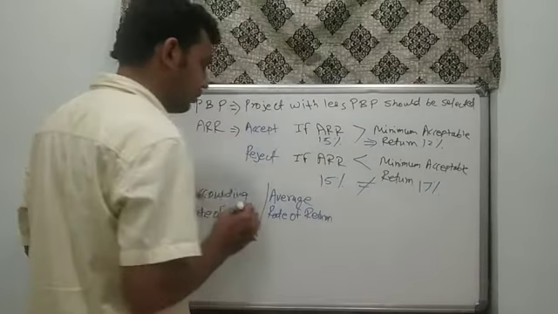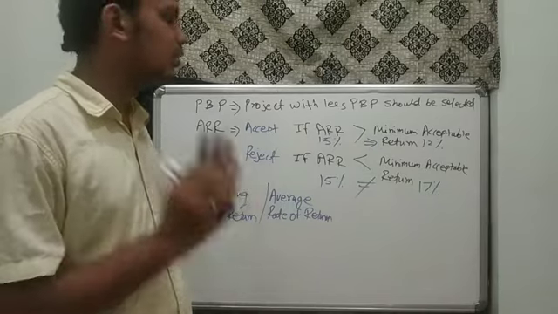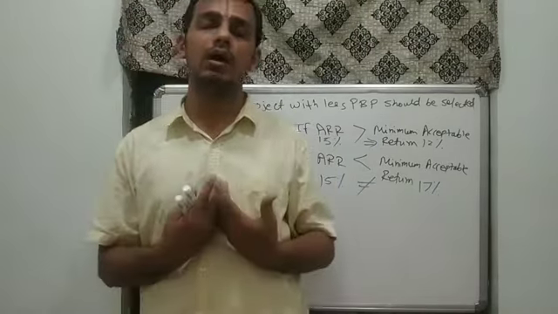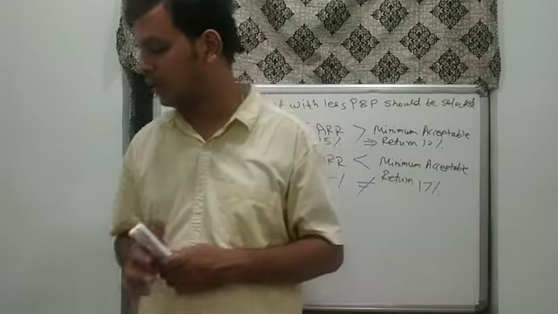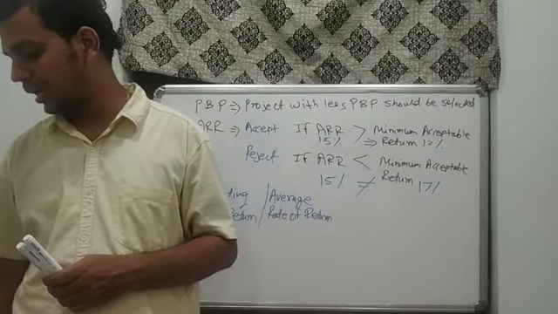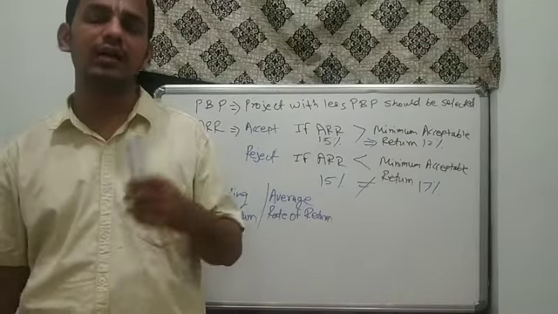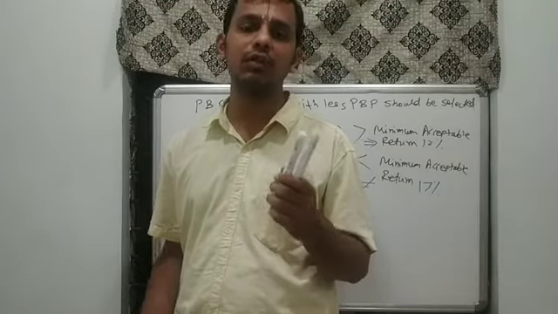These are the two abbreviations used for ARR. In this video, we are going to see a problem related to the accounting rate of return. The link of the question is attached in the video. Kindly refer to it to see the question.